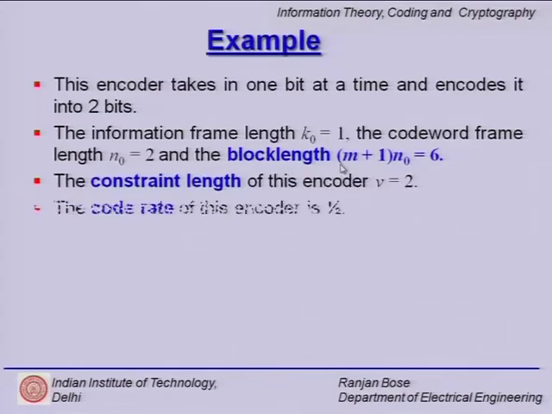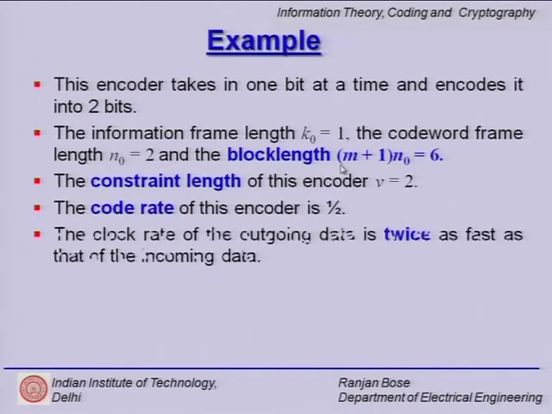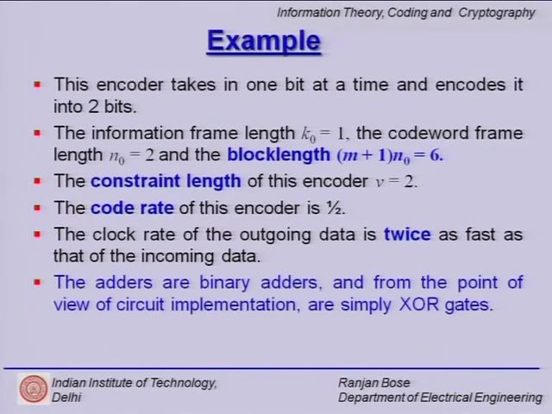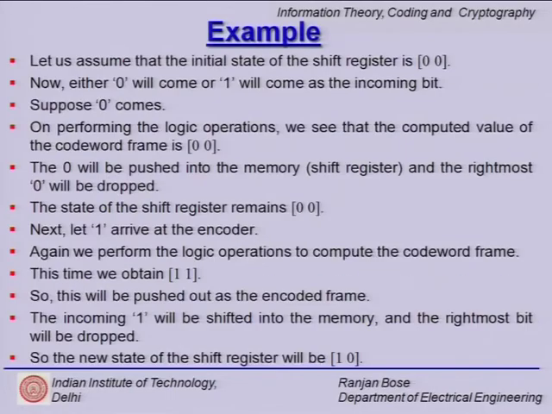The constraint length of this encoder is nu equal to 2, code rate half, as we have already observed, and the clock rate of the outgoing data must be twice the input clock rate, simply because for every 1 bit that is pumped into that encoder, 2 bits must go out. So, the adders are all binary adders, that is, binary adders without carry, which are simply XOR gates. Very hardware friendly implementation.